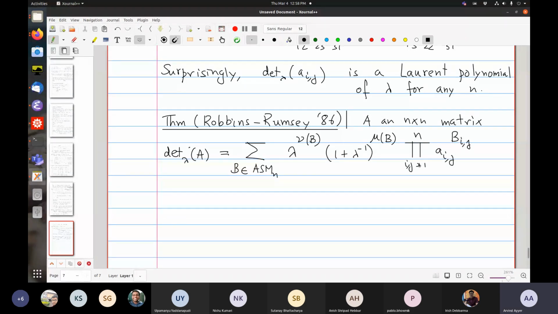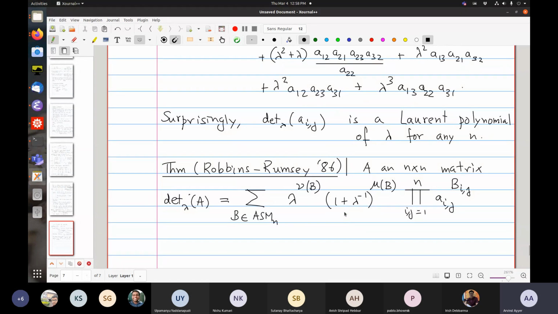So 0 means it doesn't appear, 1 means it appears in the numerator, and otherwise it appears in the denominator. And they found an explicit formula, where nu of B was the number of inversions, which I defined earlier, and mu of B is the number of minus ones.